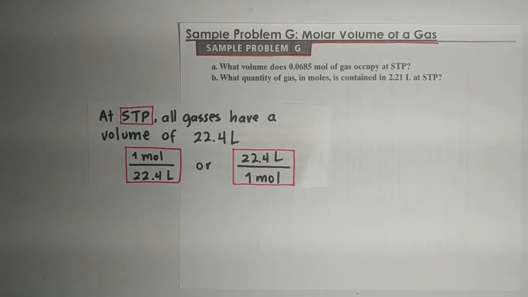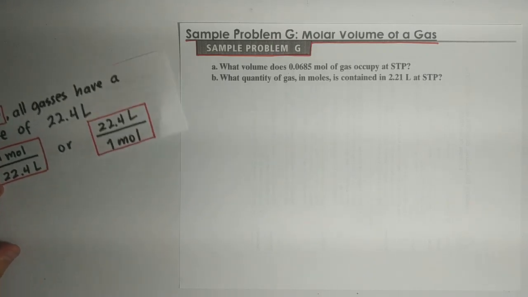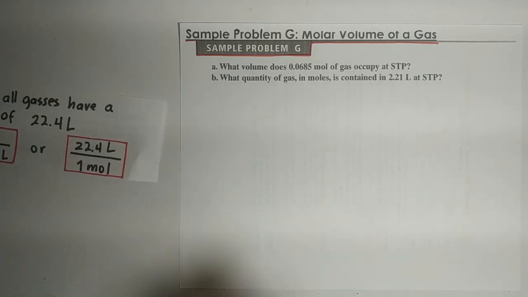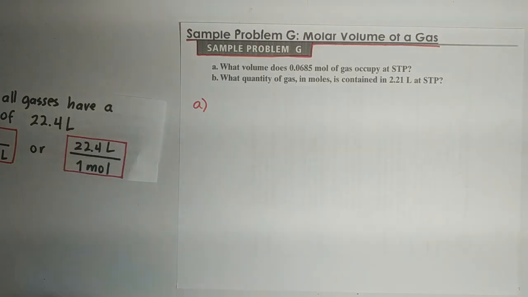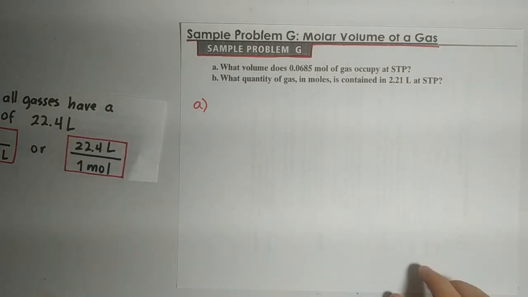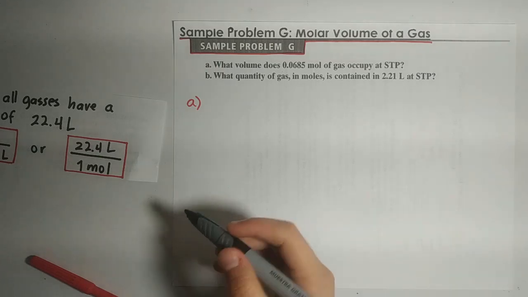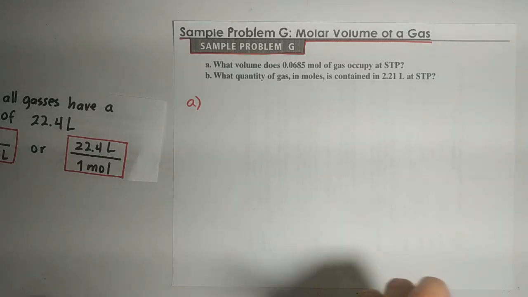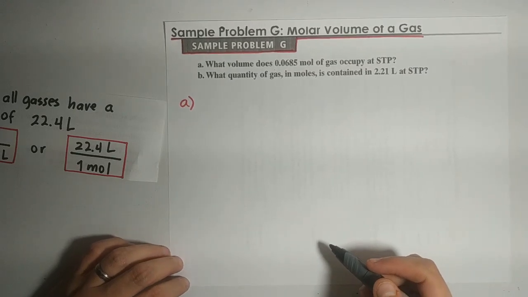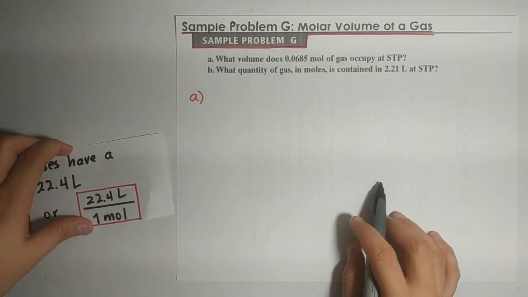Now let's take a look at the sample problem. In part A, it says, what volume does 0.0685 mole of gas occupy at standard temperature and pressure? So, first, we always start with the given, as I already explained to you many times in my classes.